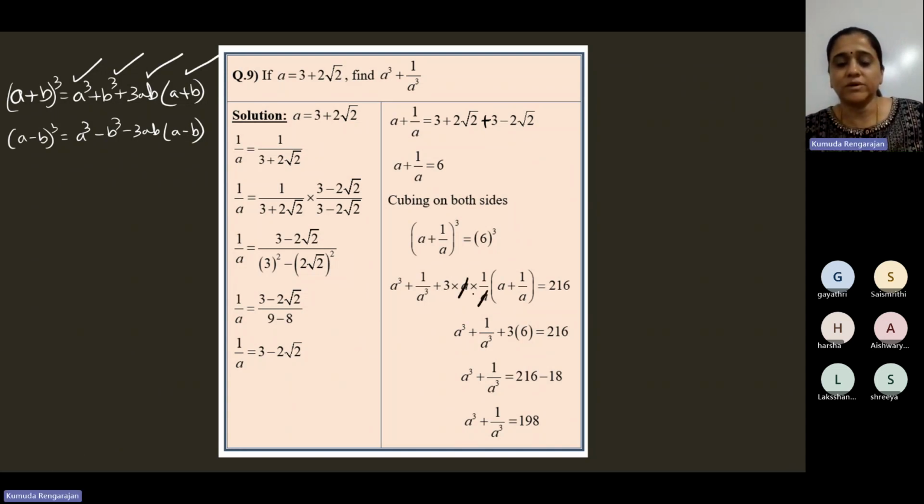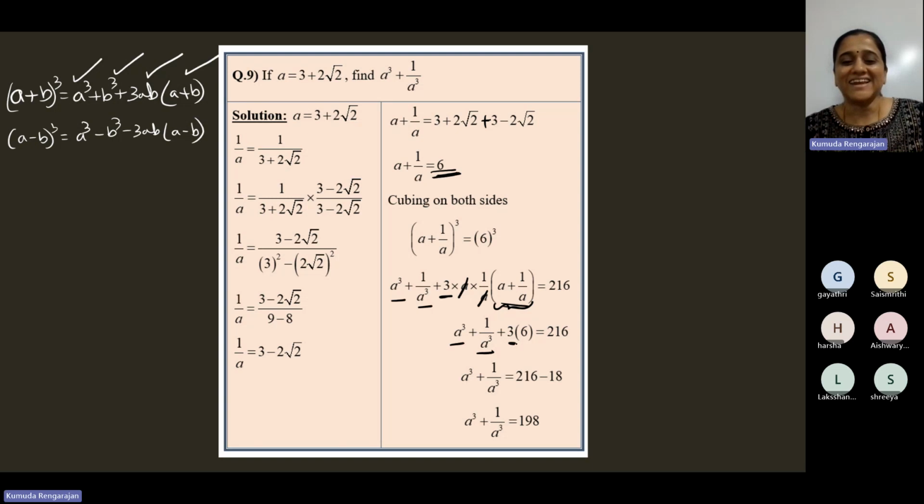This you can cancel because between them is a multiplication sign. So a and a get cancelled, and the value of a plus 1 by a is 6. So use that. You have a cube plus 1 by a cube plus 3 into 6, because the value of a plus 1 by a is 6, is equal to 216.